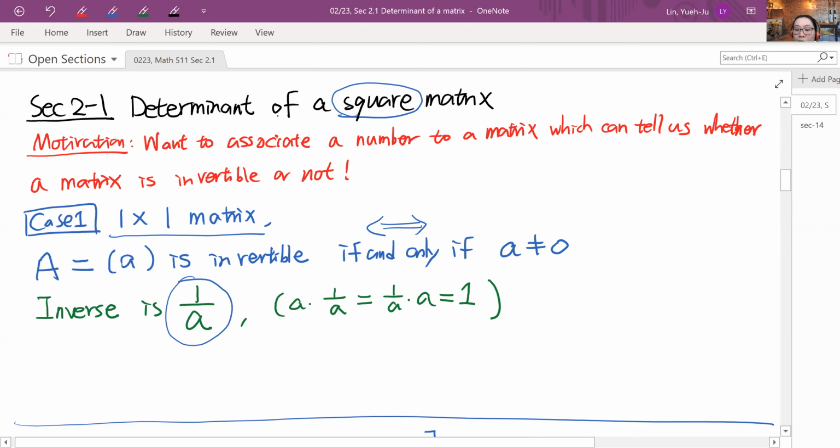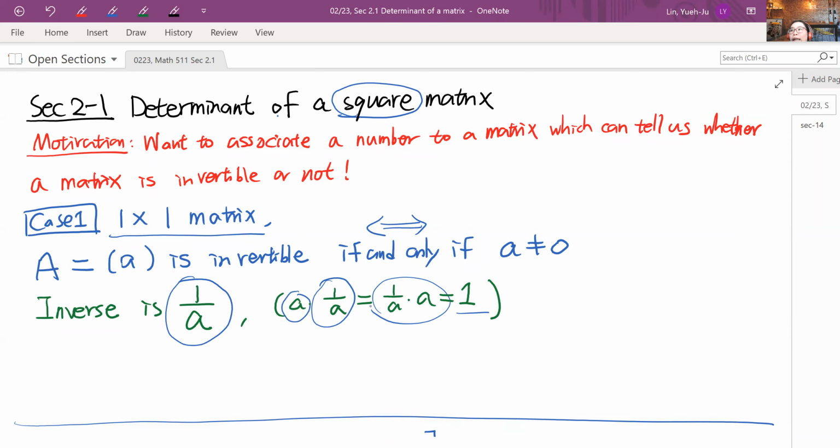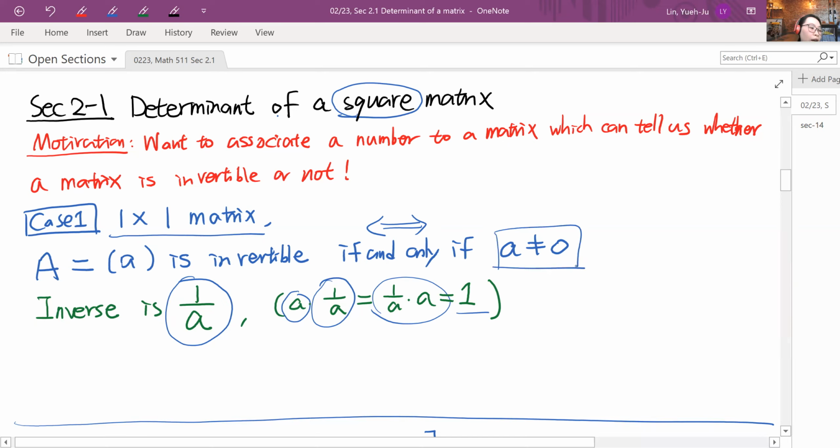This is another number. A times 1 over A is equal to 1, and the other way around is also true, right? So of course, to have 1 over A, A cannot be 0. So right away, we know that we have a condition which tells us that the matrix is invertible when the number is not 0.